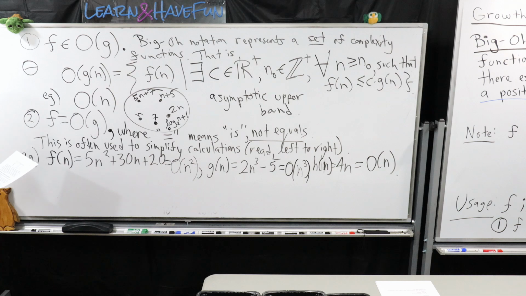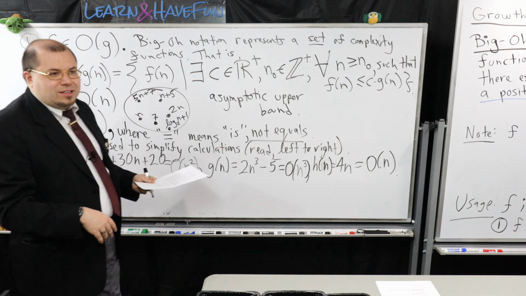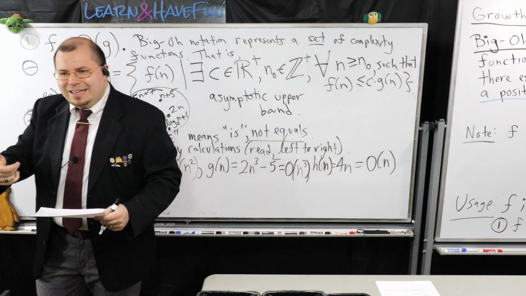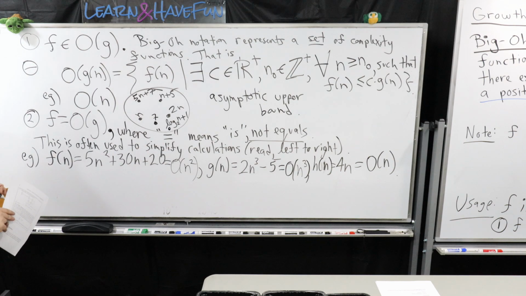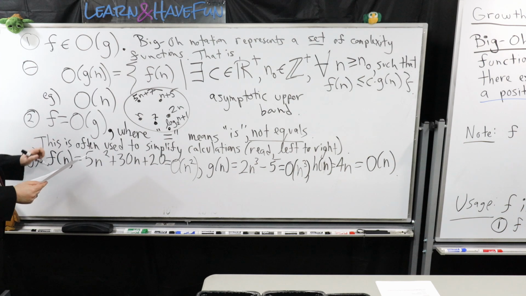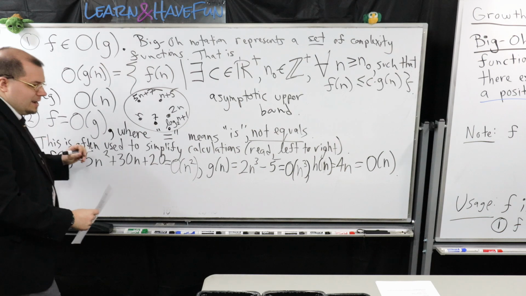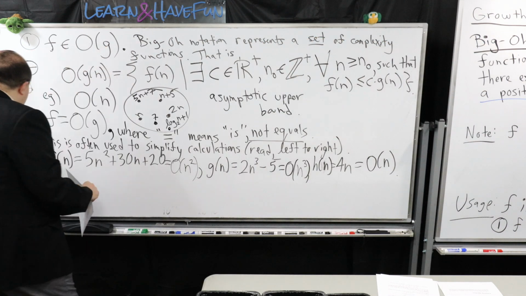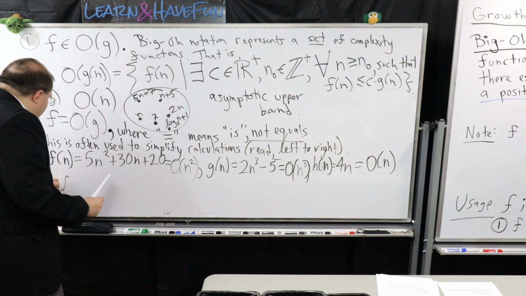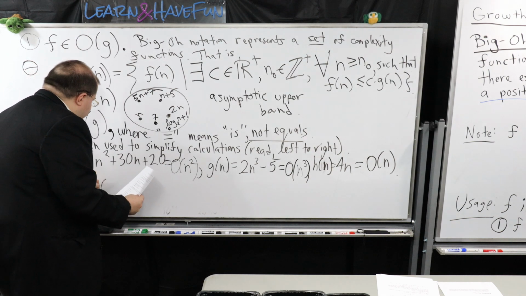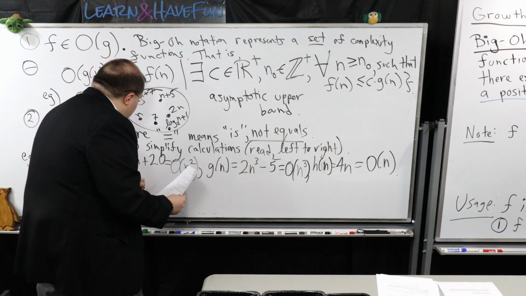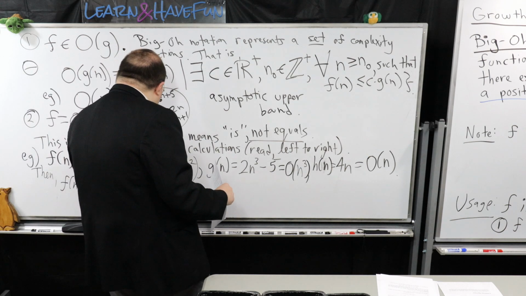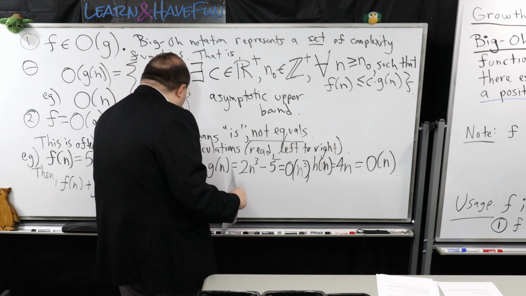You're going to see that these constants aren't going to really matter to us. We're going to look at the most dominant term, especially if it's given as a polynomial. Quadratics, linear terms, cubics, these are all polynomials. So if I give you, for example, the sum of f, g, and h, then f of n plus g of n plus h of n, since I know f is big O of n squared, I'm going to replace f of n with big O of n squared.